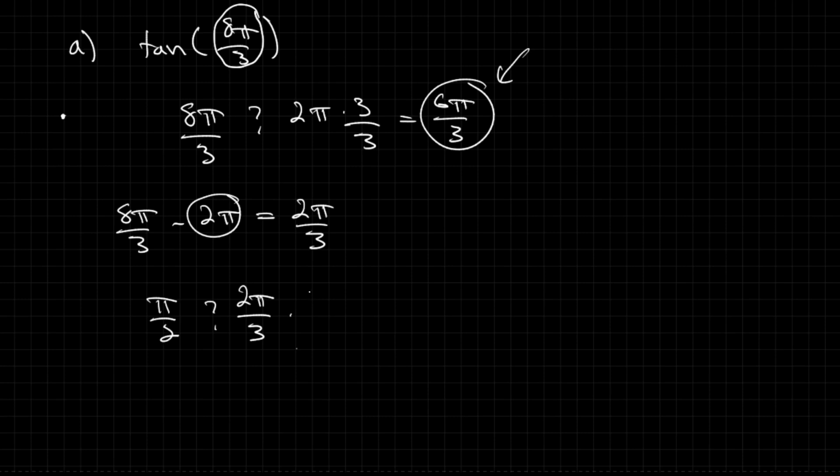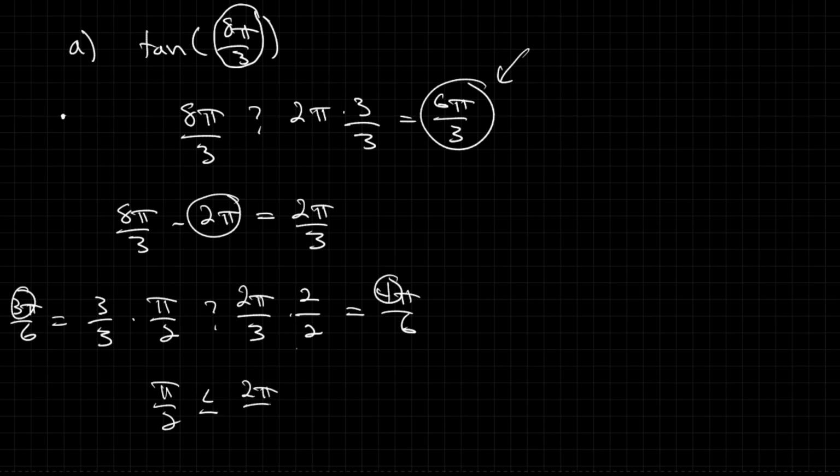We can get a common denominator, multiply by 2 over 2 and by 3 over 3. And this left-hand side becomes 3 pi over 6. And this right-hand side becomes 4 pi over 6. And indeed, 4 pi over 6 is larger than 3 pi over 6. So the conclusion would be that pi over 2 is less than or equal to 2 pi over 3.